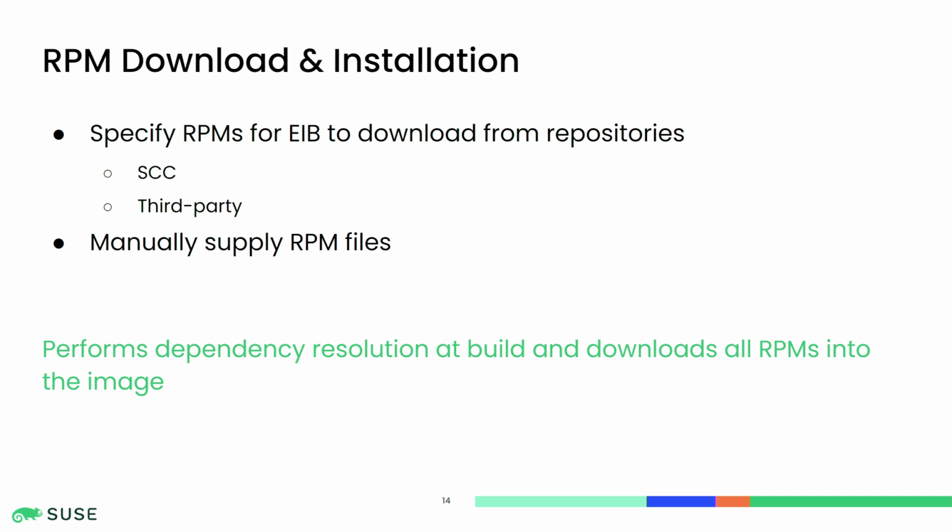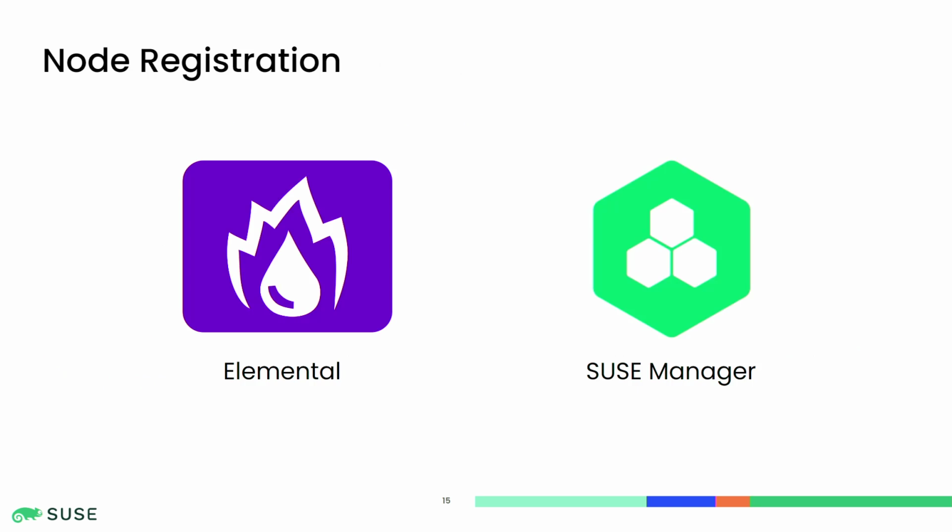Again, many different ways to specify an RPM and a lot of different options for the end user. This solves our air-gapped scenario for RPM installations without any issues by pre-downloading, pre-trying to install those RPMs, and then shipping those over in the fully built image.